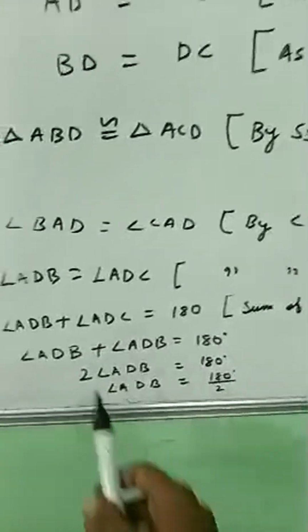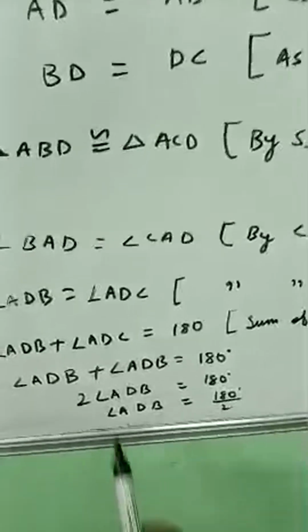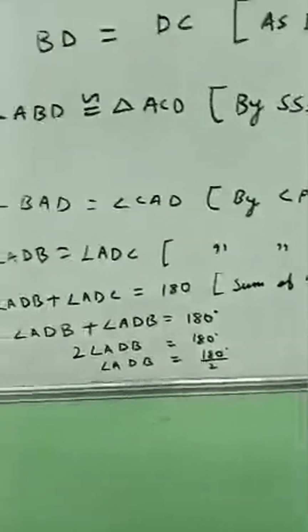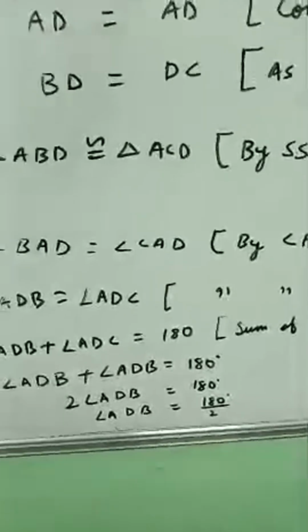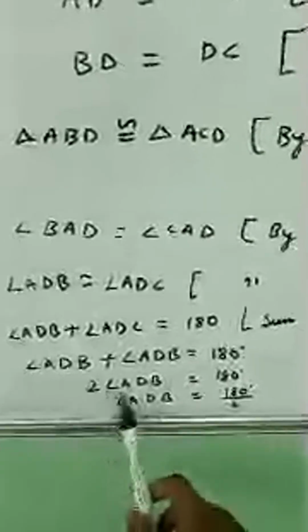Now this is the same angle, you can say ADB, and this is also ADB. So 2 angle ADB we can write equal to 180 degrees. Therefore ADB is equal to 180 by 2. This 2 will go to the right hand side to divide.